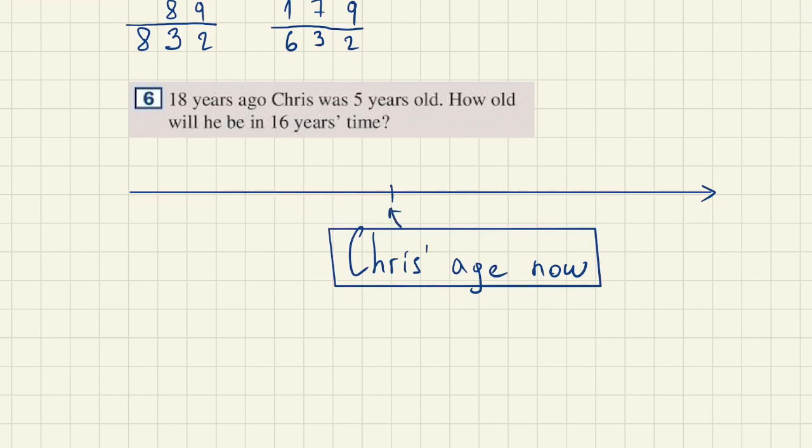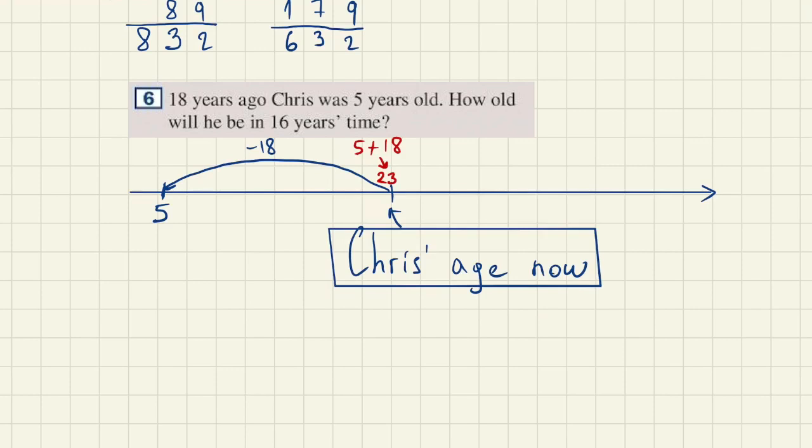So we know that 18 years ago, Chris was 5 years old, right? So if we go 18 years back in time, we will get 5. So this is if we do minus 18, right? So we can actually find what his age is here, right? If we do 5 plus 18, we would get an answer which is 23. And this is his age right now. How old will he be in 16 years' time? So we have to go from the present age.